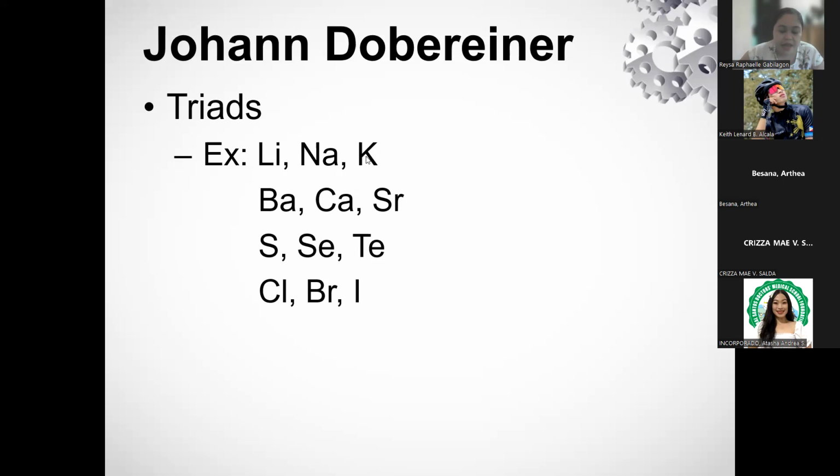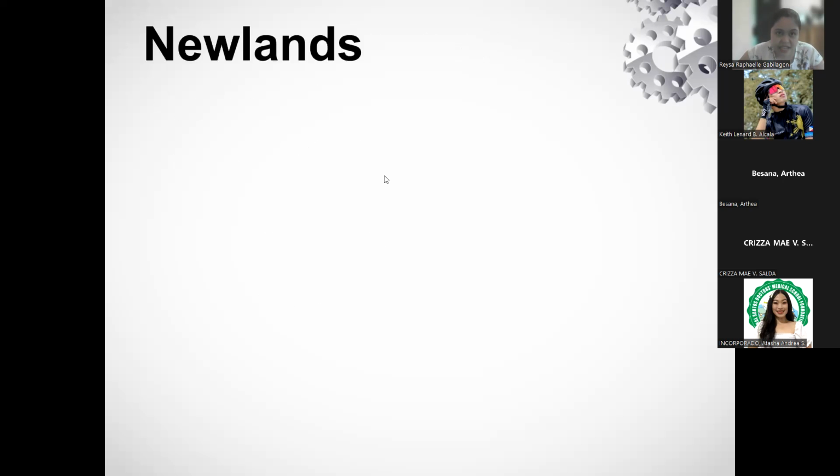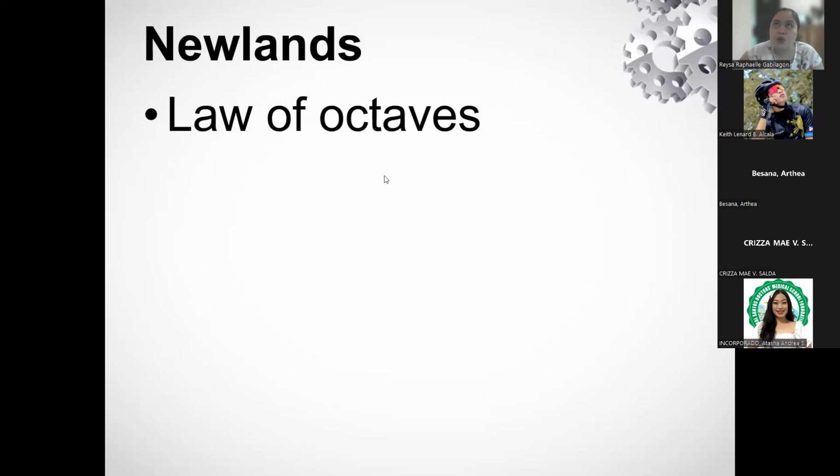They have the same characteristics or properties, so they are grouped together into one. But it's triads, meaning by 3s. And it was John Newlands who made the law of octaves, wherein he grouped the elements together by 8, still according to their properties.